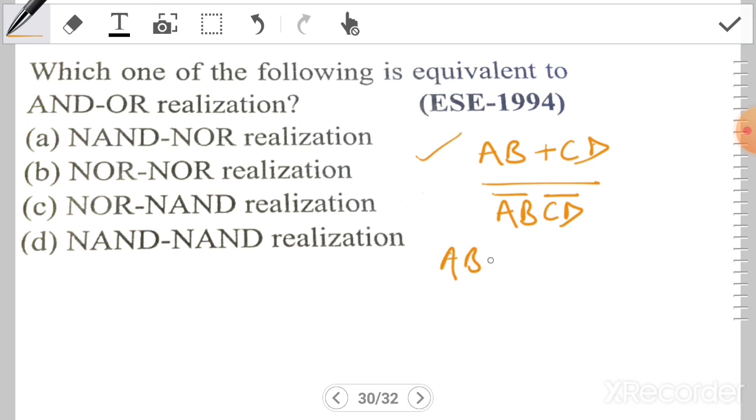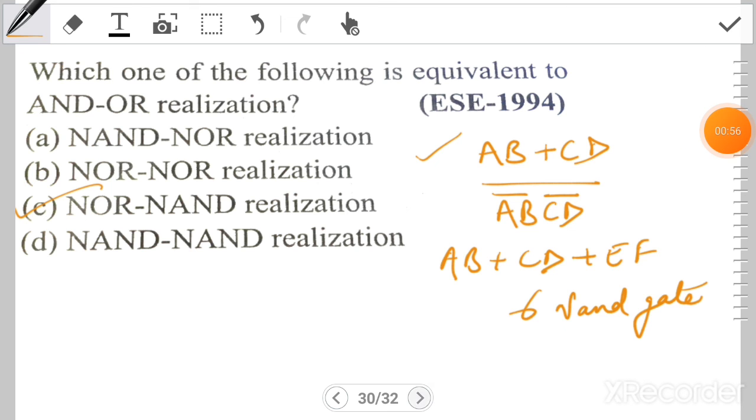Similarly, for AB plus CD plus EF, we require 6 NAND gates. So NAND realization is equivalent to AND OR realization. So answer C is the correct answer.